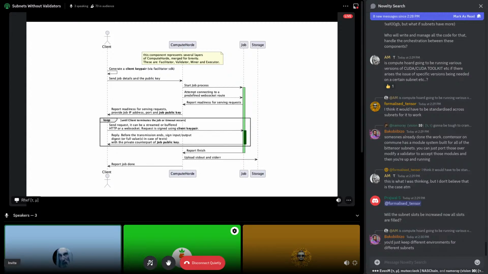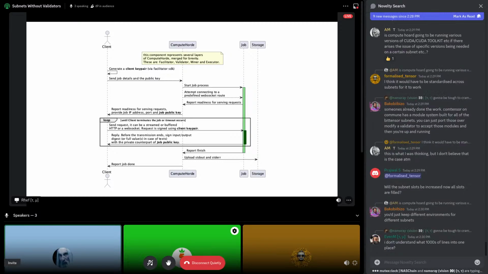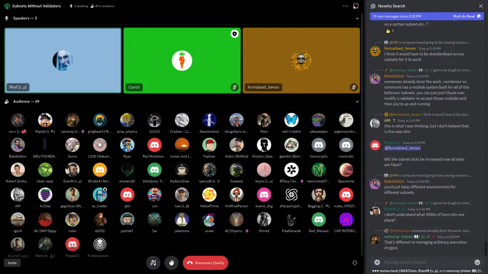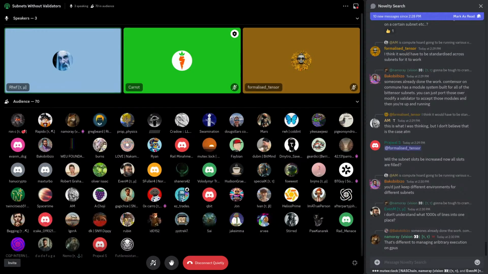Okay, Rapido says, what happens if Compute Horde has an outage? Well, pretty much nothing. So the miners still have to provide the commodity, and we can evaluate 3% of it, or so.